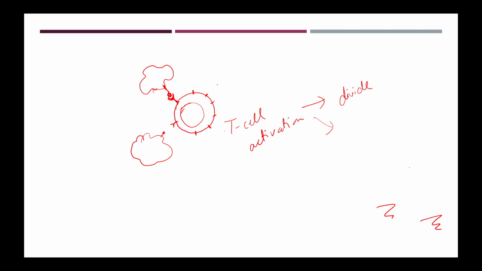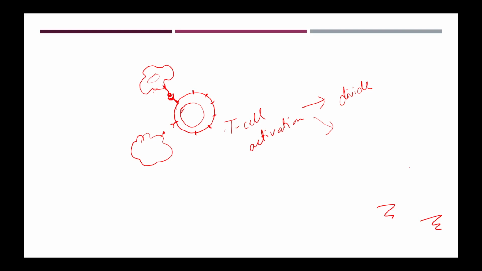T cells have receptors on their surface, and these receptors identify the antigen which is presented by this cancerous cell. This recognition or binding of the antigen and receptor activates the T cells, giving the T cell the signal for activation.